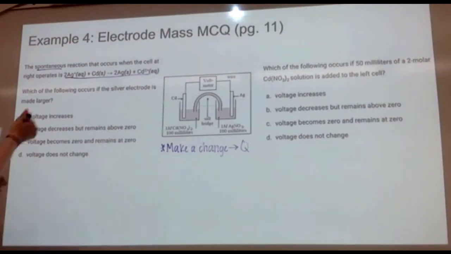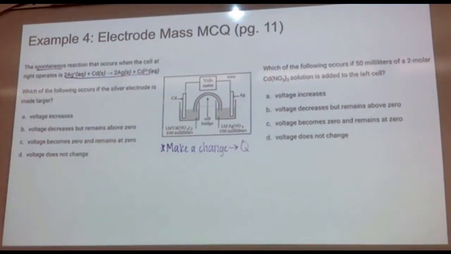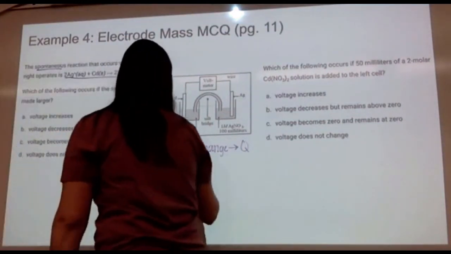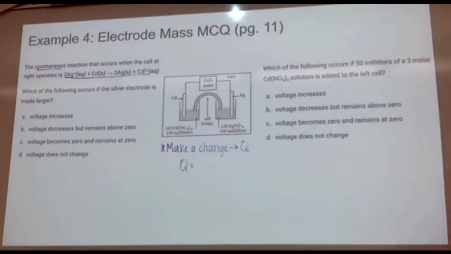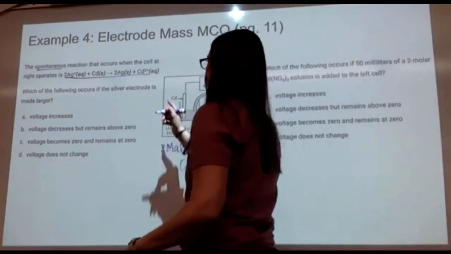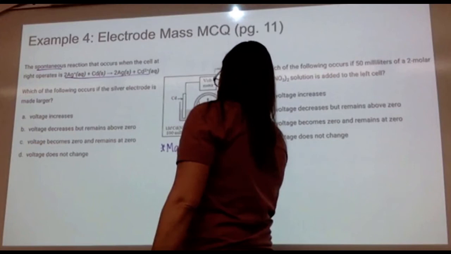So if I write Q for this reaction, this is why it's nice that they gave us the reaction. We can write Q. Q is products over reactants, but you do not include solids or liquids. So for products, I'm going to have Cd2+.